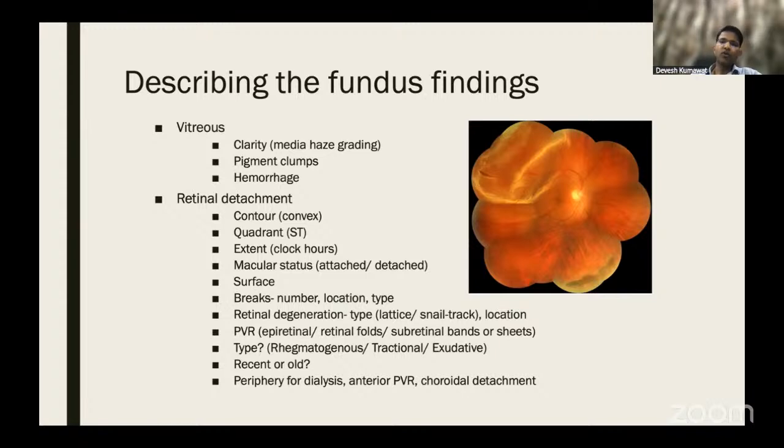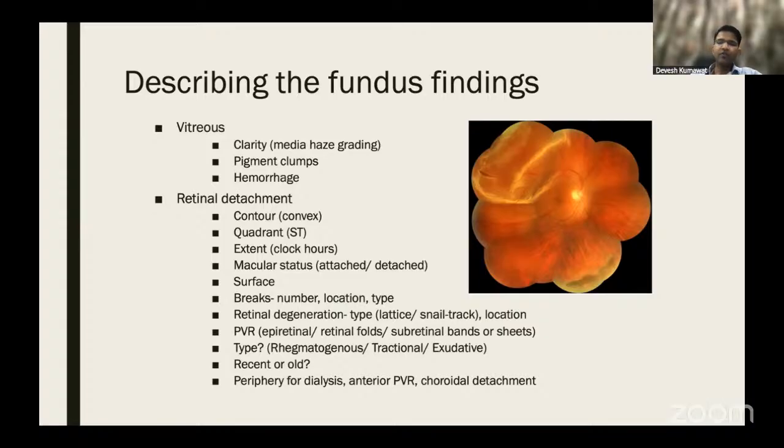It's not only the circumferential extent, you have to describe the posterior extent, whether it is reaching till the posterior pole, whether the macula is detached or not. So in this case, you can see that the macula is partly detached. Again, it's a two-dimensional picture, but a three-dimensional view on indirect ophthalmoscopy will better tell you about the macular status. And then slit lamp examination will be required to note whether a foveal detachment is also present.